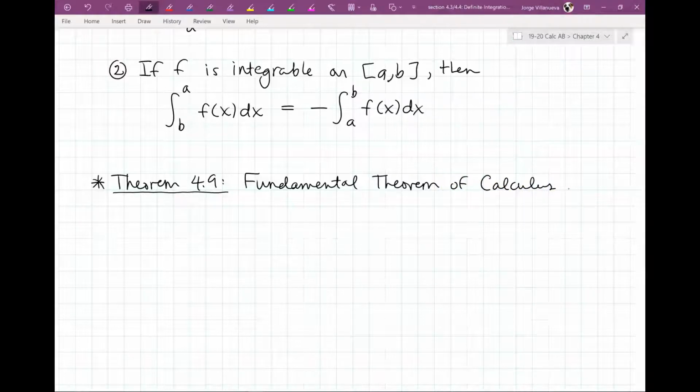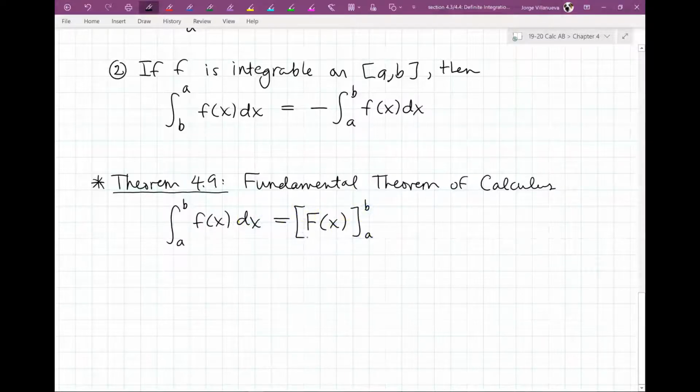So the fundamental theorem of calculus basically says this. If you're going to integrate from a to b of f of x dx, then your answer is big F of x from a to b, which is the same as writing big F of b minus big F of a.